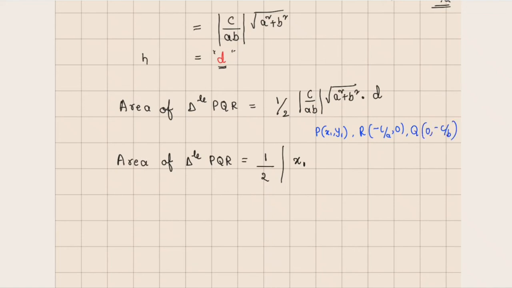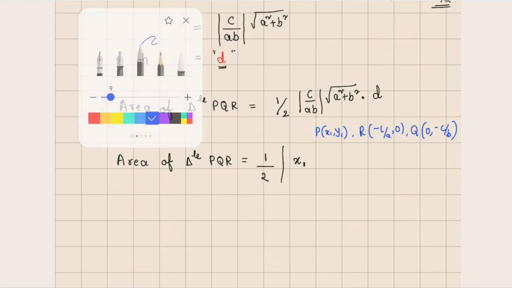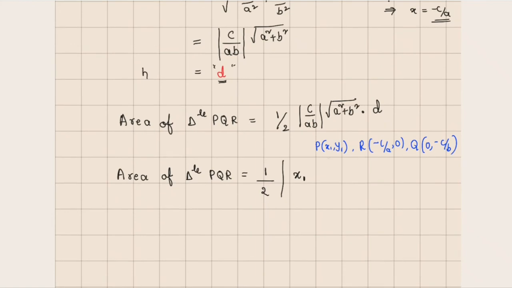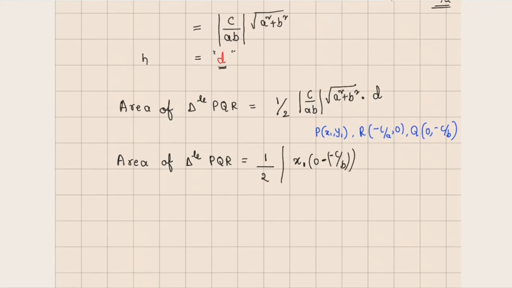So we know these 3 points. Then let's see how we write the area of this triangle PQR. Half into x1 into (y2 is 0 minus y3 is minus c by b), which is x1 into 0 minus c by b. Okay, did you understand?